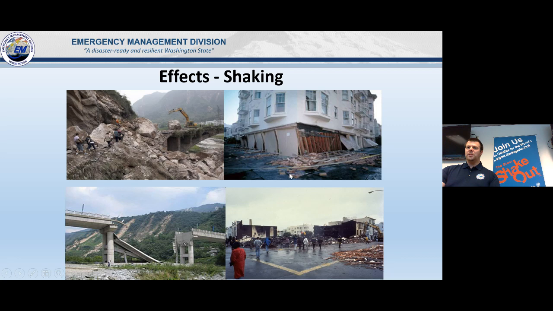But you can get items shifting off their foundations, which can happen if your house is not bolted to the foundation. Wood frame houses are very unlikely to actually collapse. They're the least likely of the structures. But they can shift off their foundations if they're not stuck to them, which can also make them a total loss. So side-to-side shaking is something to think about.